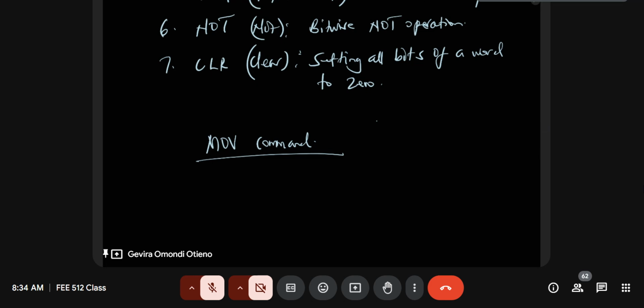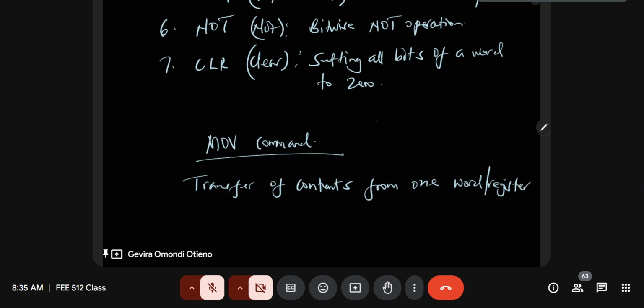Now, this is a very simple command, which I've said simply involves the transfer of contents from one word to another. Remember, I said if I say word now, you should also know I'm simply referring to a register.